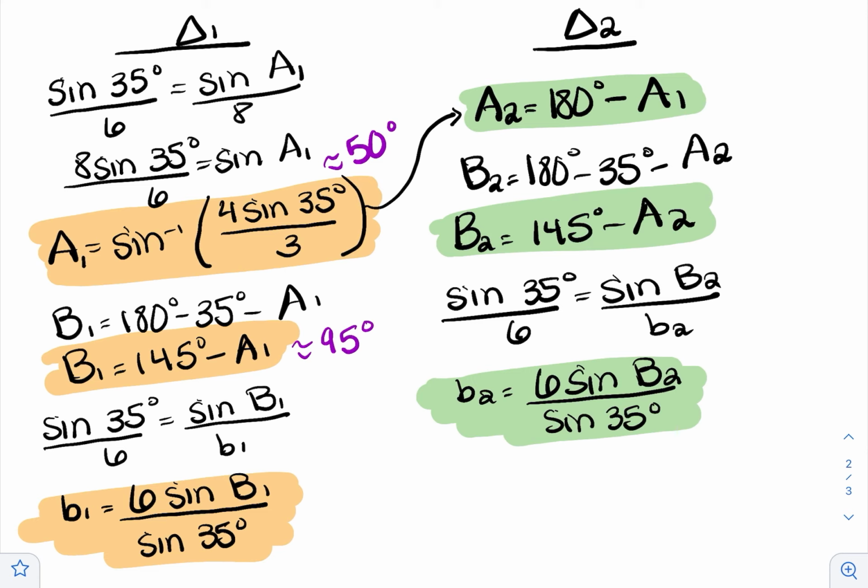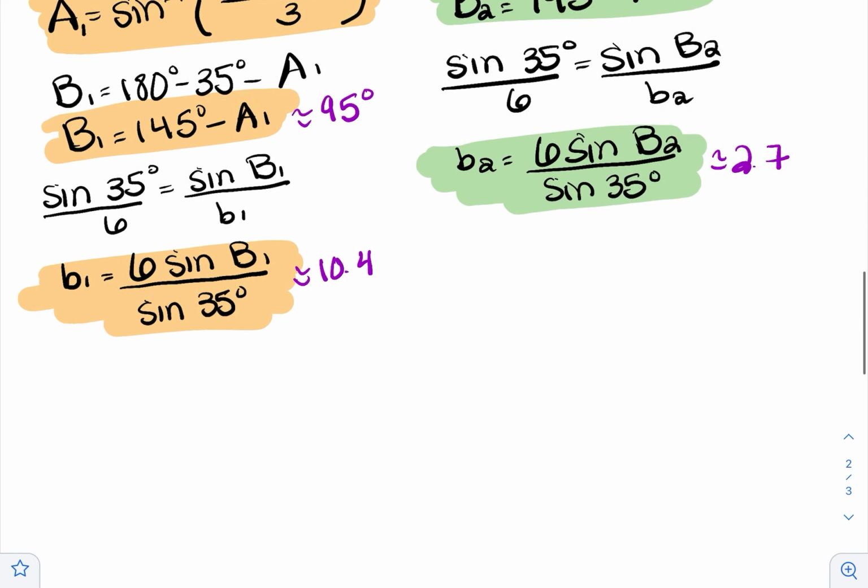And that's going to give us approximately 10.4. So that's going to be triangle 1. Then triangle 2, 180 minus 50 is about 130, which means that B2 will be about 15. And then here I need the calculator. So 6 sine of 15 divided by the sine of 35 is going to give us approximately 2.7.